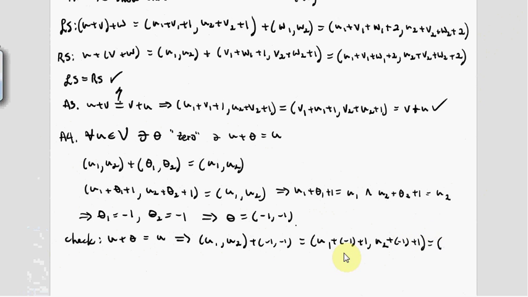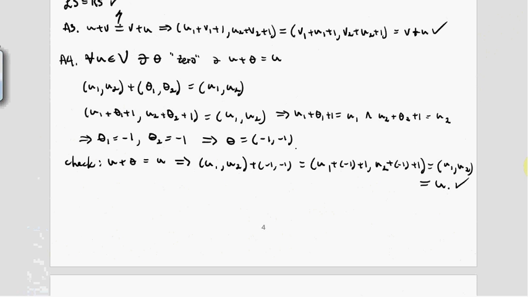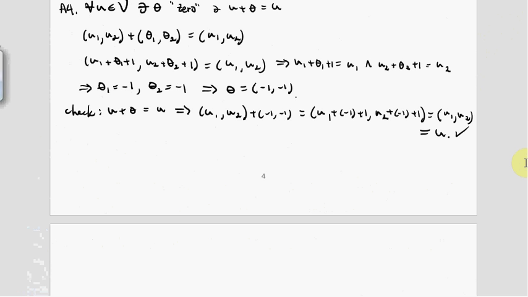Well, that's equal to (u sub 1, u sub 2), and that's equal to u. Right? So indeed, this is a proper 0, excuse me. This has the negative ones in it, but that's the 0. We're looking for the 0.